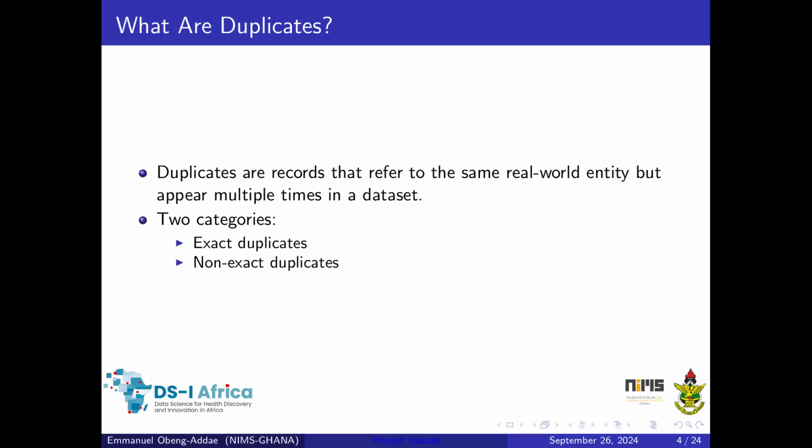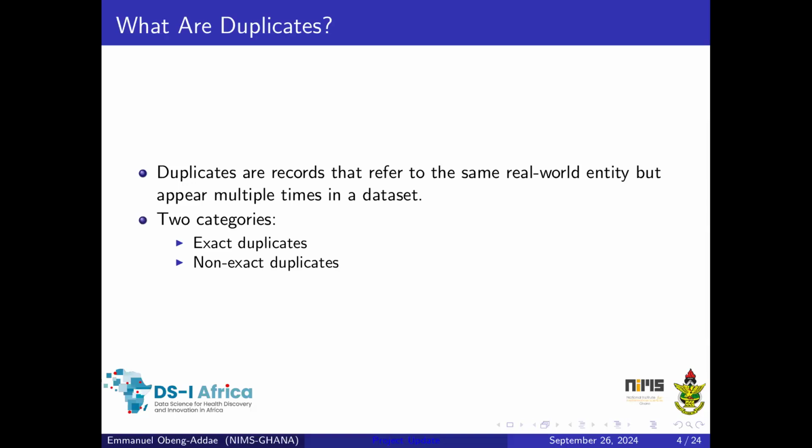And usually when it comes to exact duplicates, you can easily remove some of them and then keep just one without causing any issues. So that one will reduce redundancy and also free up some storage. But then when it comes to non-exact duplicates, you'd have to handle them carefully because deleting one record may cause you to lose some information, which may be very important.